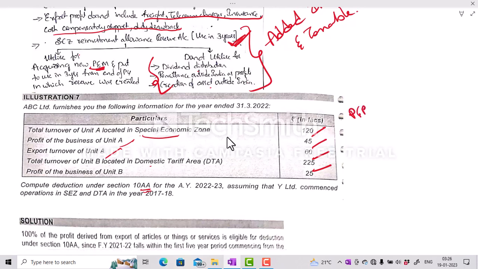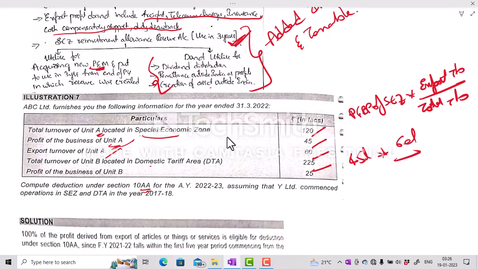PGBP of cess into export turnover by total turnover. What is the PGBP of cess? Cess is unit A. So the profit of business of unit A is 45 lakhs. Export turnover 60 lakhs. Total turnover is 120 lakhs.